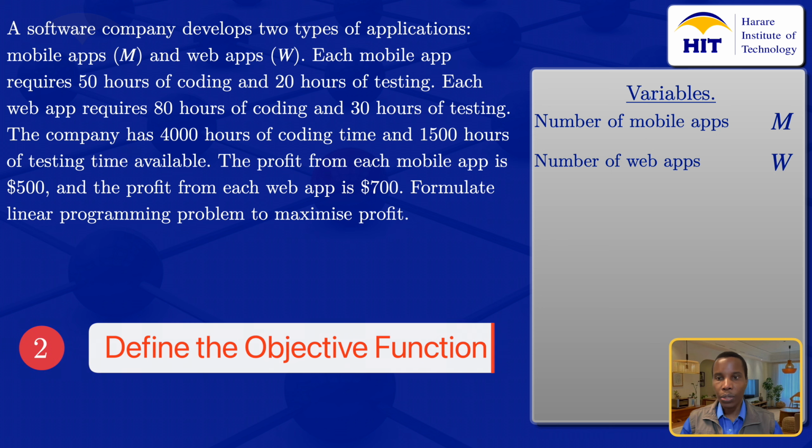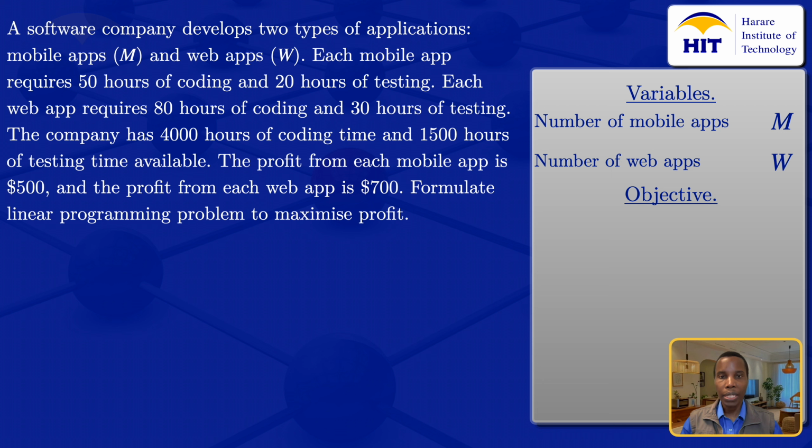Then for the second step, we now go on to defining the objective function. The objective here, we are saying you are formulating a linear programming problem to maximize profit. So that's what you want to do. We want to maximize profit, but we also need to look at the information on profit. It is saying that the profit from each mobile app is $500, yet the profit from each web app is $700.